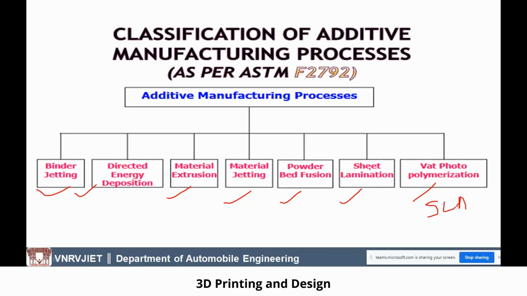For sheet lamination, it is laminated object manufacturing, and the most used powder bed fusion process is SLS, and for material extrusion, FDM. These are the general names people use day to day, but these are the standardized names as per ASTM. Now we'll see all these processes, their working principles, materials used, applications, etc. in the next slides.